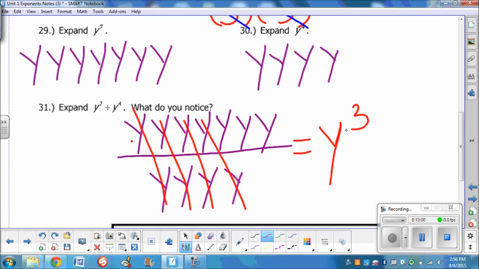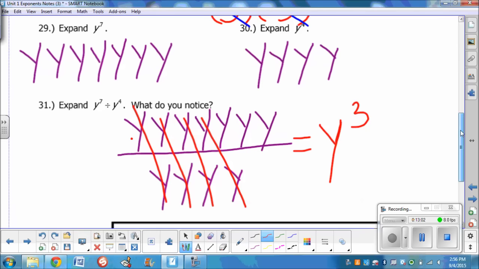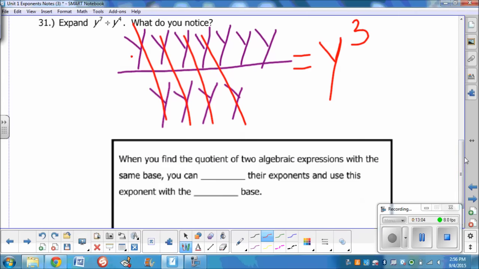So what happens when you divide like bases? Let's see what our little summary says. When you find the quotient, there's your division, of two algebraic expressions with the same base, you can subtract their exponents and use this exponent with the same base.